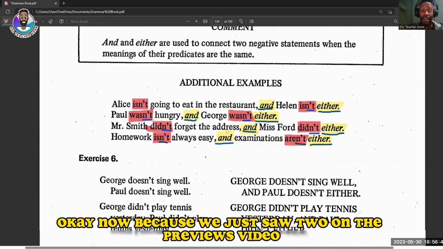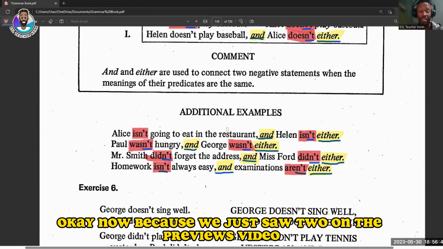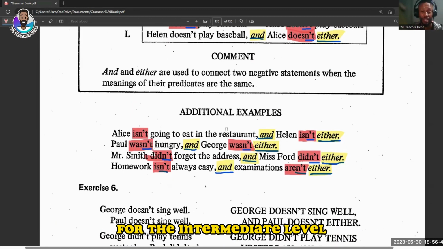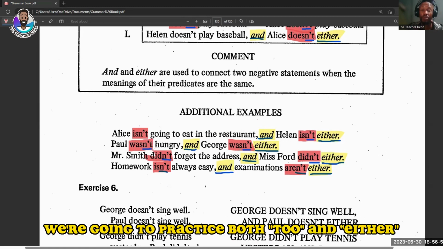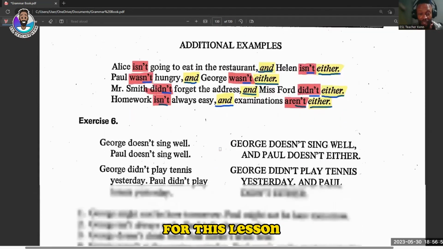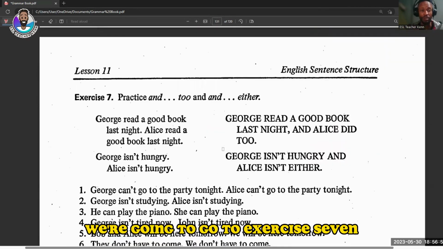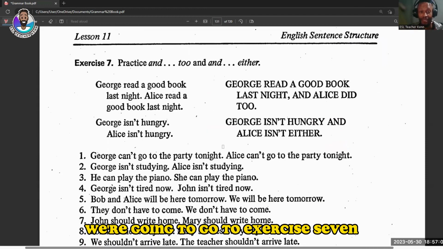Okay, now, because we just saw too on the previous video for the intermediate level, we're going to practice both too and either for this lesson. We're going to go to exercise 7.